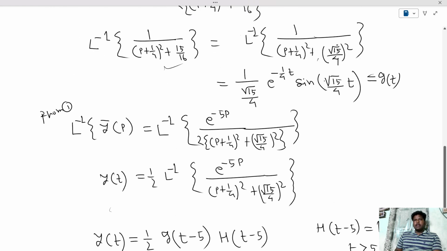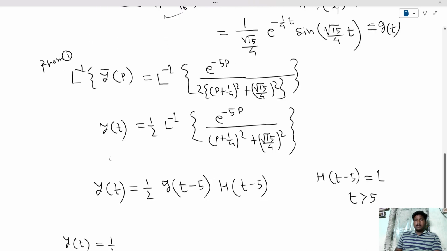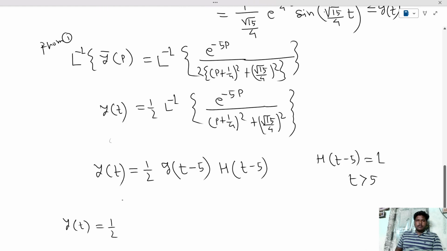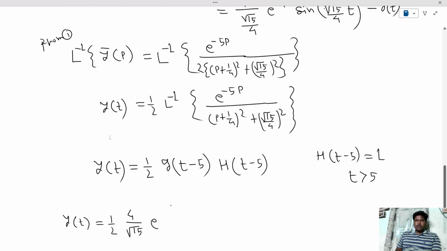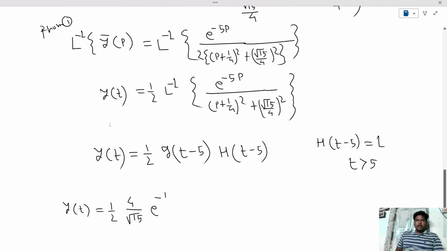g t क्या है? g t is this, so हम लोग अच्छे से g t लिखेंगे. So g t is 4 by root 15 e to the power minus 1 by 4 t minus 5 into sine root 15 by 4 t minus 5.